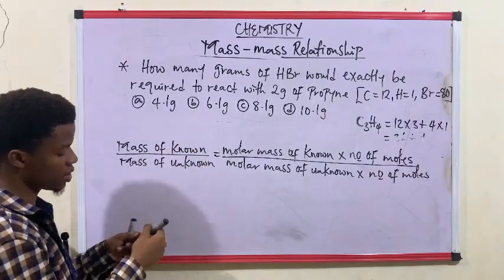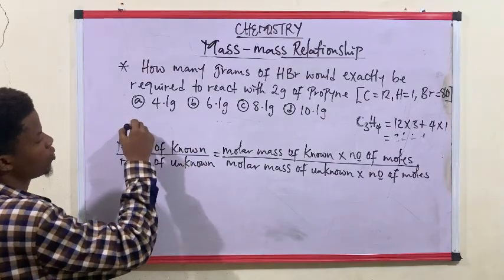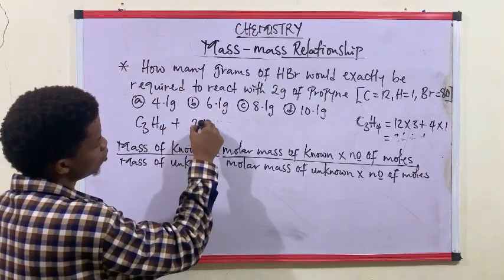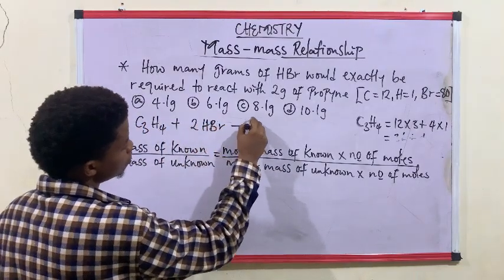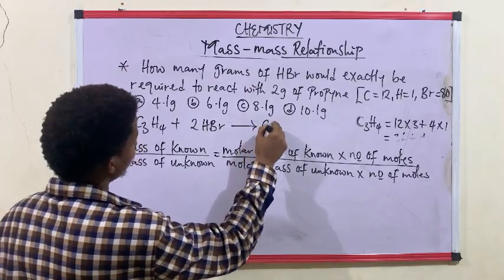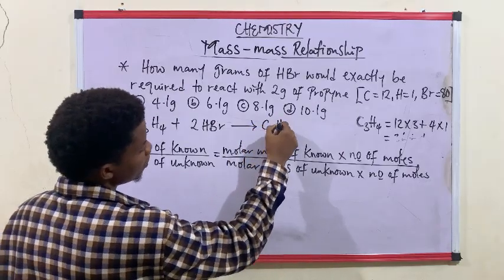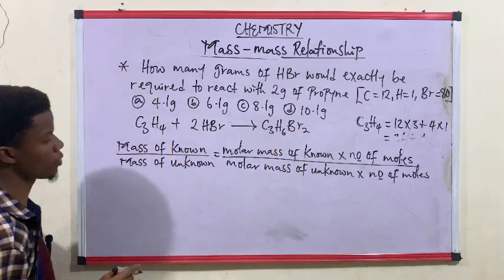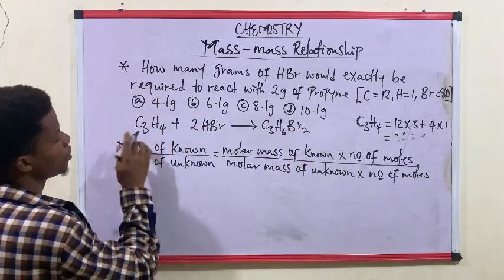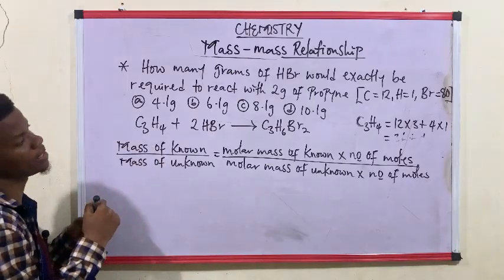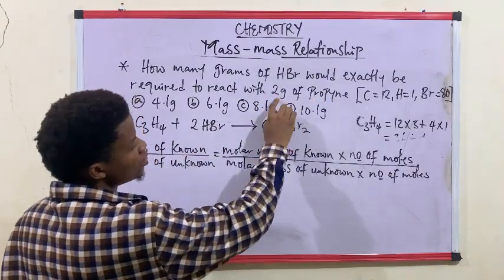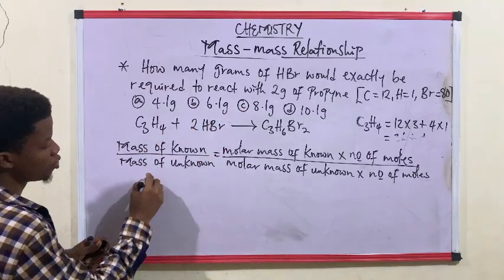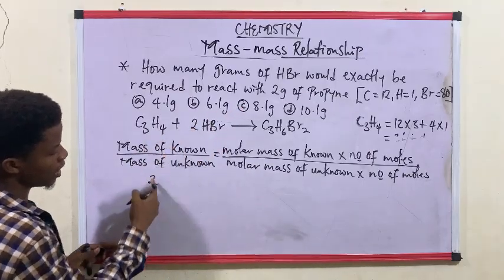Now, remember this question, the balanced equation was C3H4 plus 2HBr to give us C3H6Br2. So for the mass of known, propane is the known because we know the mass in the question. So mass of known is what? 2 grams.